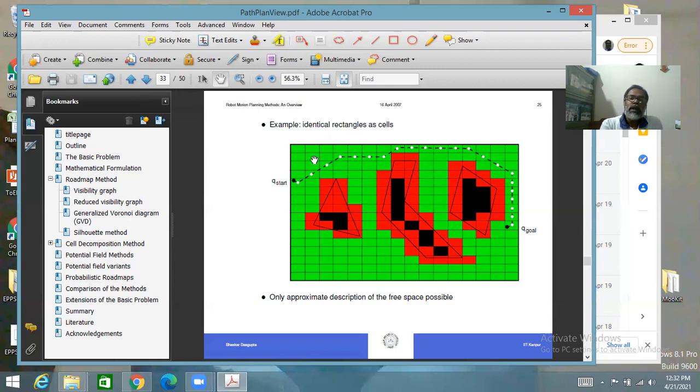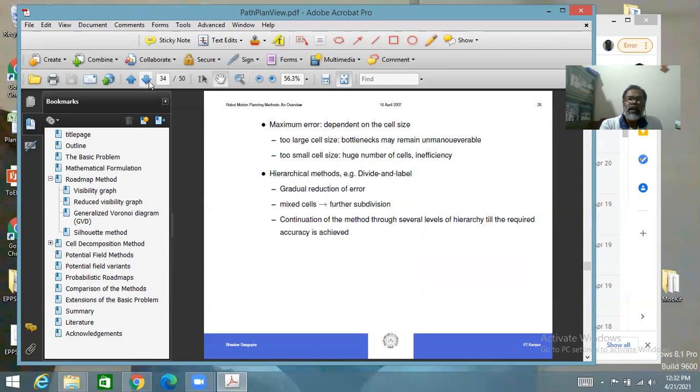Now you would notice that if the cells are too large in size, then you may have mixed cells which will block a lot of free space, and that may cause bottlenecks in the path planning.